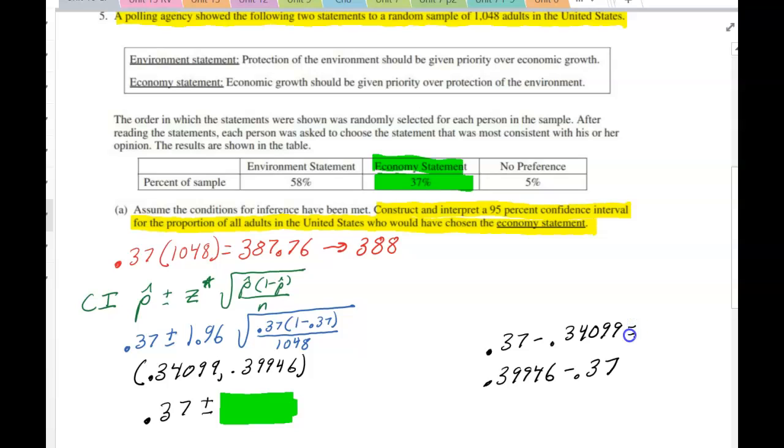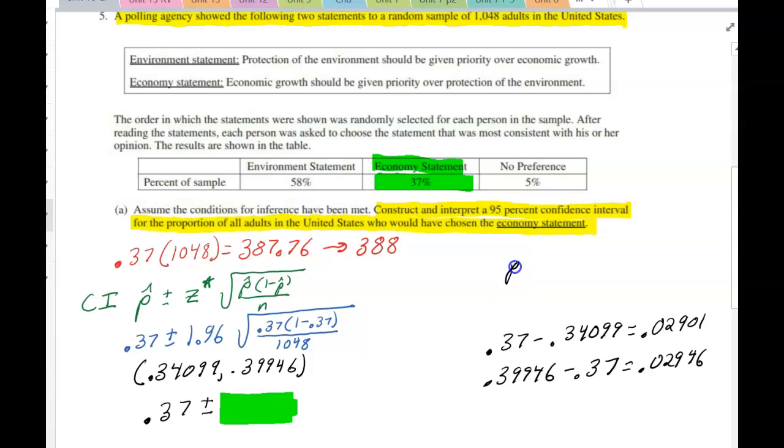When I do the calculation for the top one, I get 0.02901, and for the second one, 0.02946. The reason these are slightly different is because I rounded the 0.37.